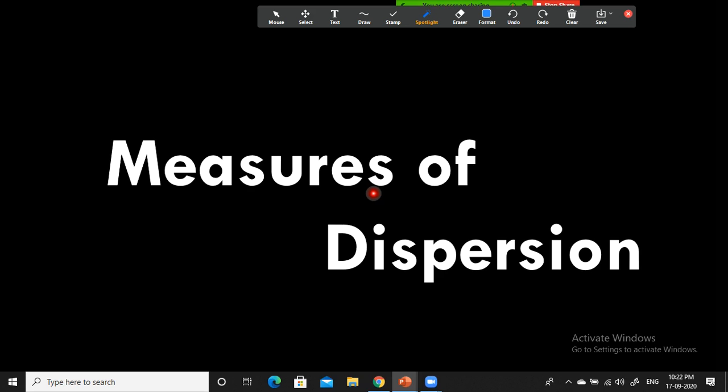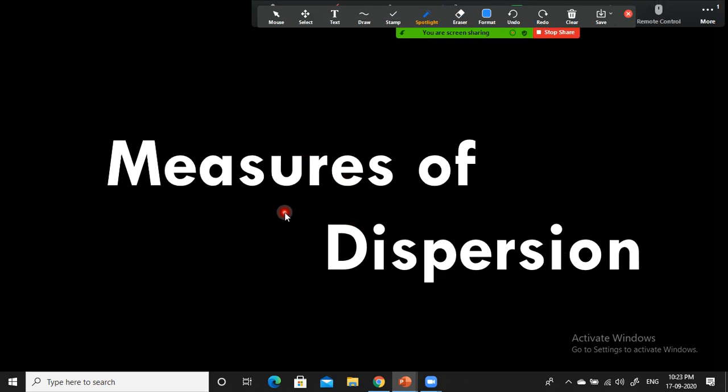In the next section, we'll discuss measures of dispersion. Probably next weekday I will cover this. After this, if you attend only the weekend session, that is more than sufficient.